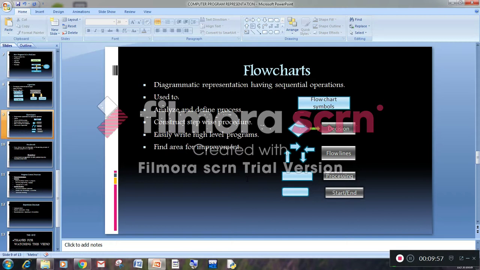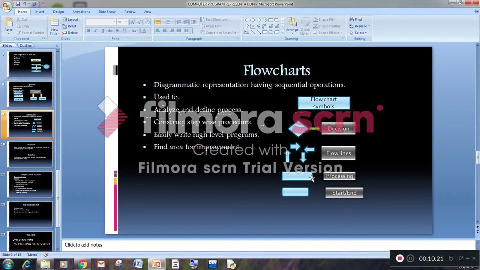So there are some symbols for flowcharts. The diamond-like symbol is used for a decision, that is a condition. If the condition is true, then one statement is executed, or if the condition is false, then another statement is executed. These lines that move forward, backward, upward, downward are called flow lines.